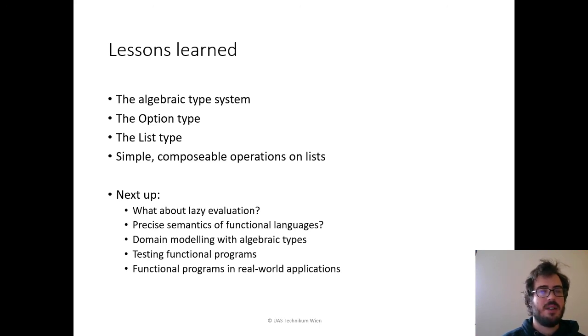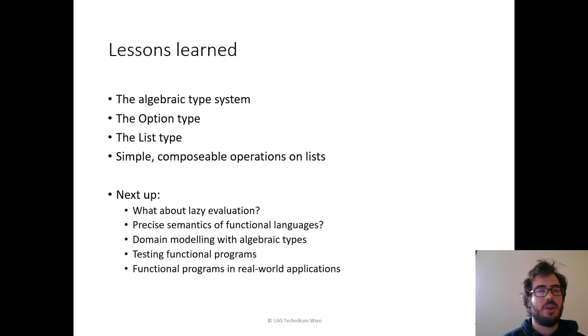What's up next? What about lazy evaluation we have talked about when we were talking about LINQ? What is really the precise semantics of functional languages? How do they work? How do they run on a normal PC? What can we do more with algebraic types?